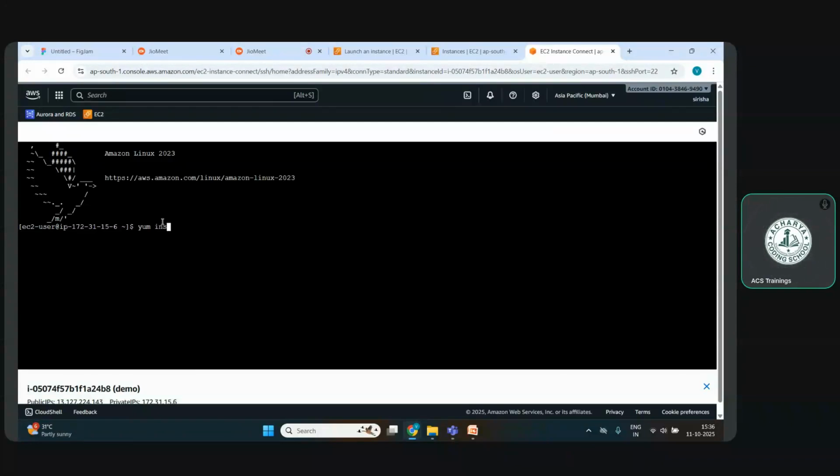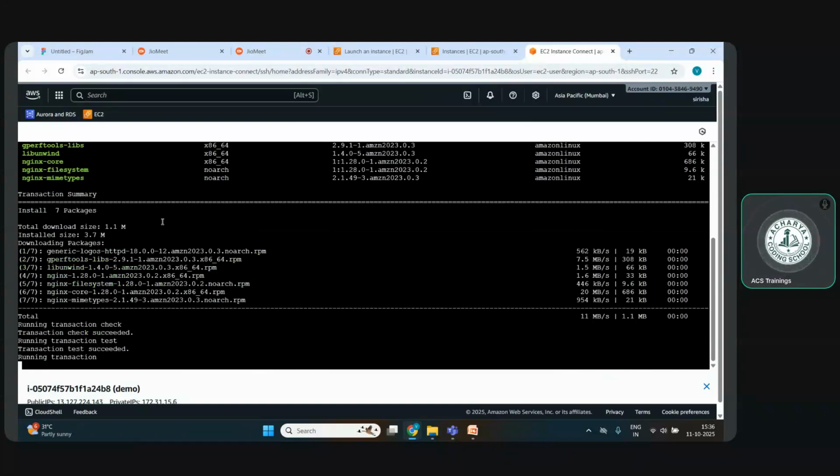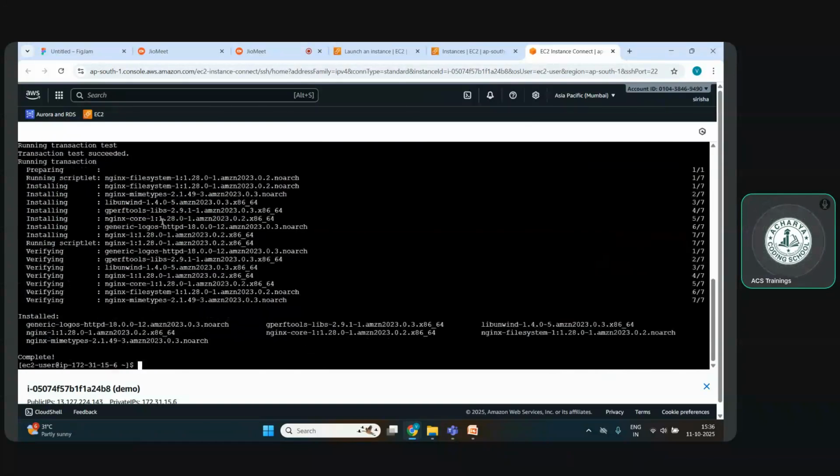Now I am installing vmstat. For installation we need to provide the root user. Vmstat, nginx, -y. So we have installed the nginx server in our machine.